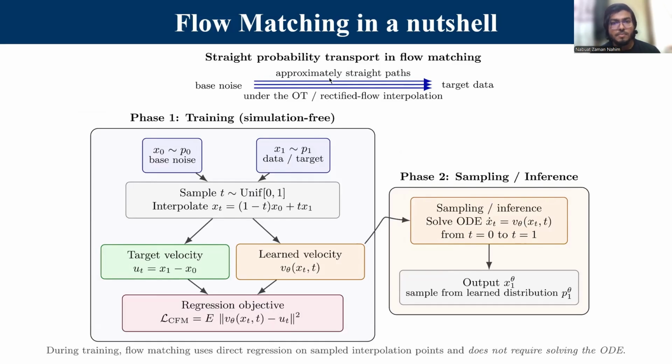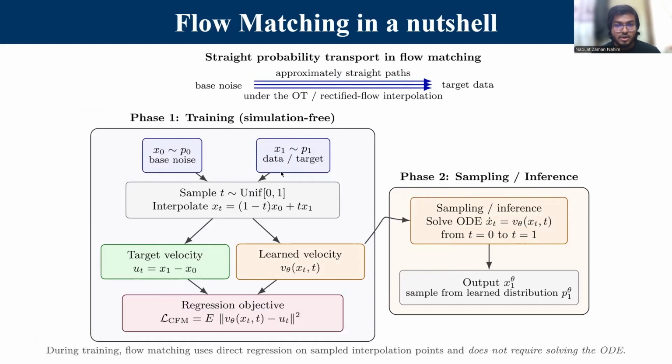As we can see at the top, the foundational geometric concept here is to build a straight probability transport that maps simple base noise directly to our target data distribution. So in the first phase, which is phase one, this is the training phase. The biggest computational advantage here is that the framework is entirely simulation free.